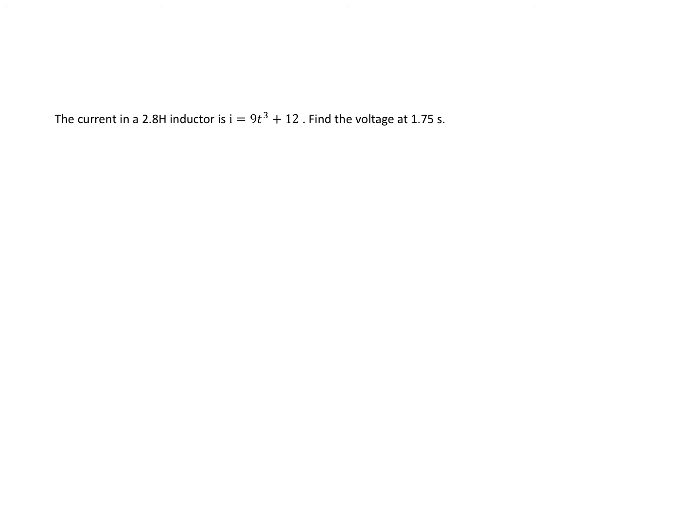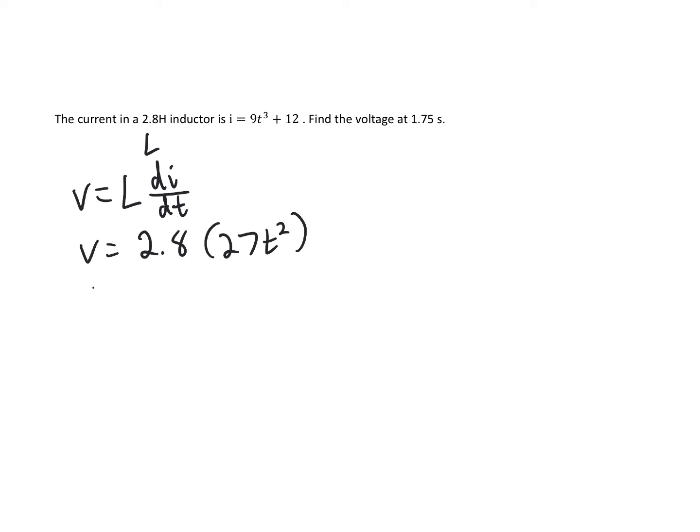Here's another electrical one. This time though, we have an inductor, and the 2.8 is our L. We want to know the voltage at 1.5 seconds, and we're given the current. Voltage is equal to the inductance times di/dt. So 2.8 times the derivative, which is 27 t squared.